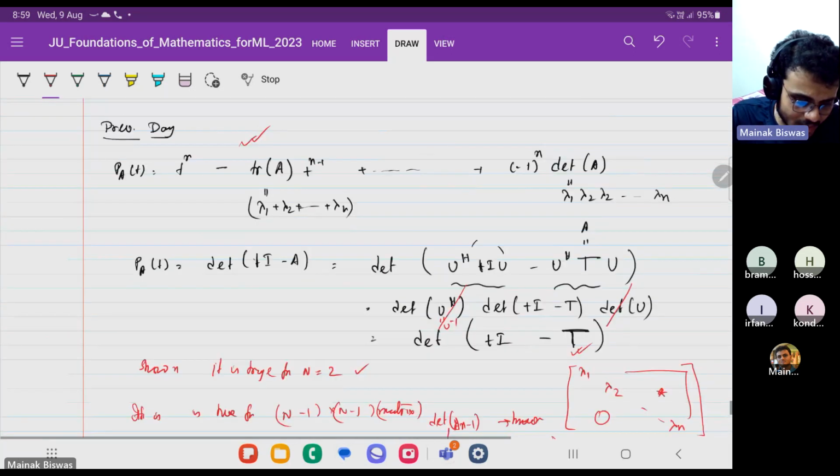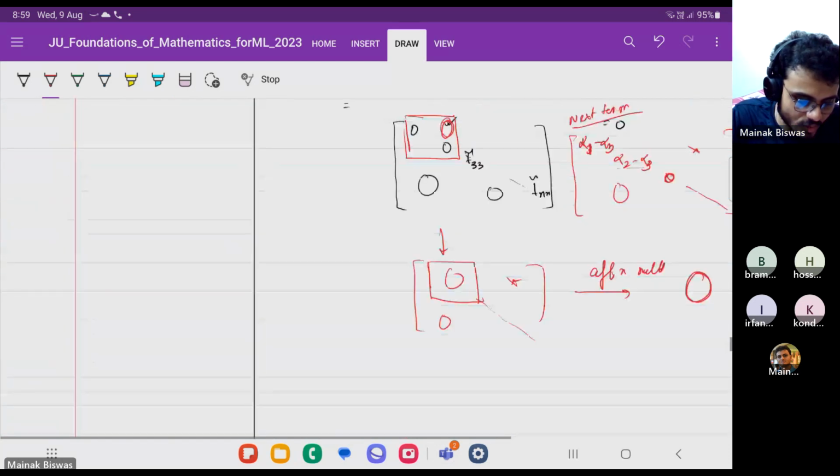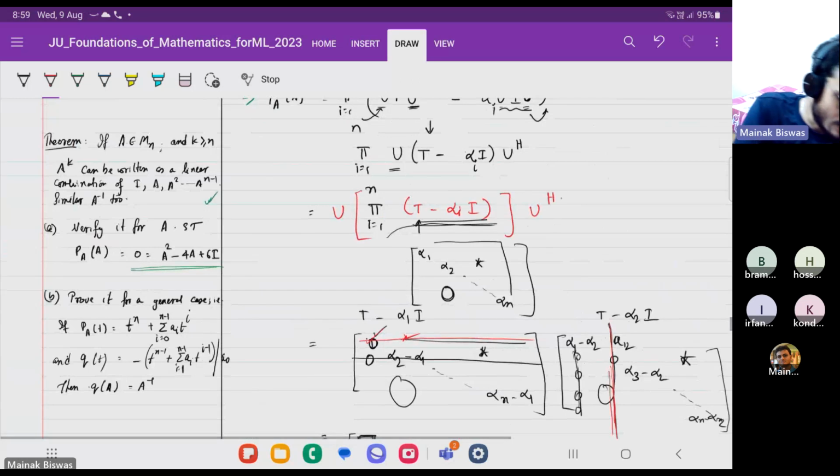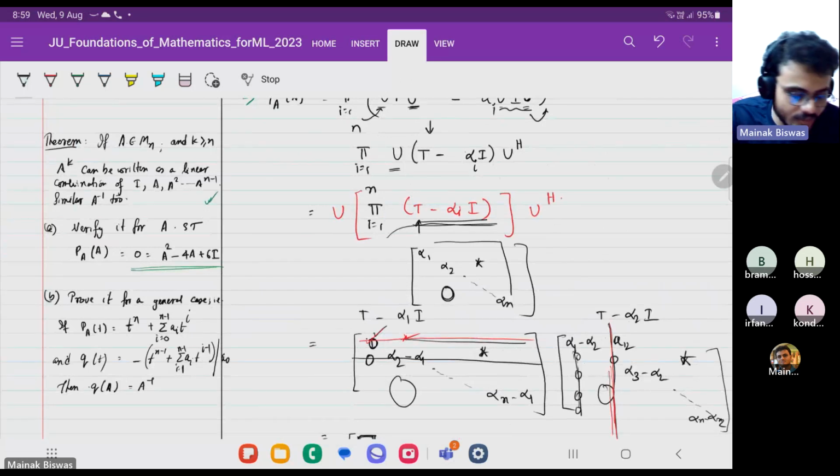Correct. So let's go about doing the next thing, which is very easy. There is a theorem related to the Cayley-Hamilton theorem, which says that any A to the power k can be written in terms of all the terms up to n minus 1, right?